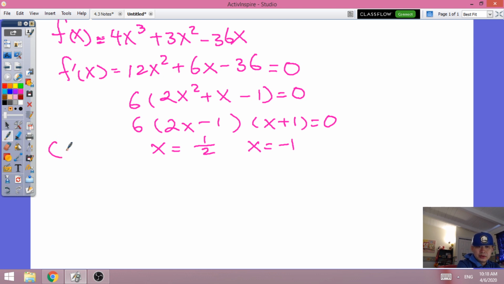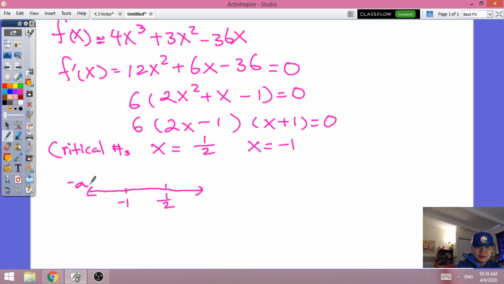Again, those are the critical numbers. Now we need to find the increasing and decreasing intervals, and also determine whether each is a local max or a local min. From least to greatest: -1, 1/2. We know f of x is a continuous function from -infinity to infinity.